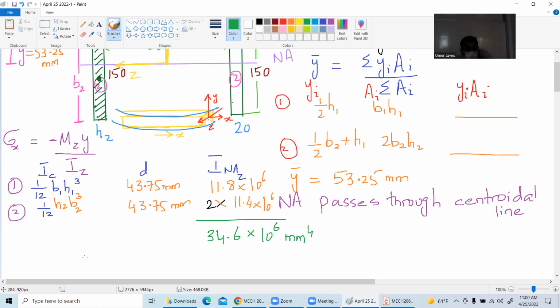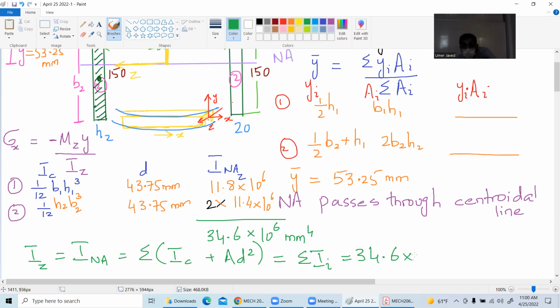And then I have IZ equal to I neutral axis, which is equal to the summation of IC plus A D square, equal to summation I, which is equal to 34.6 into 10 power 6 millimeter power 4.